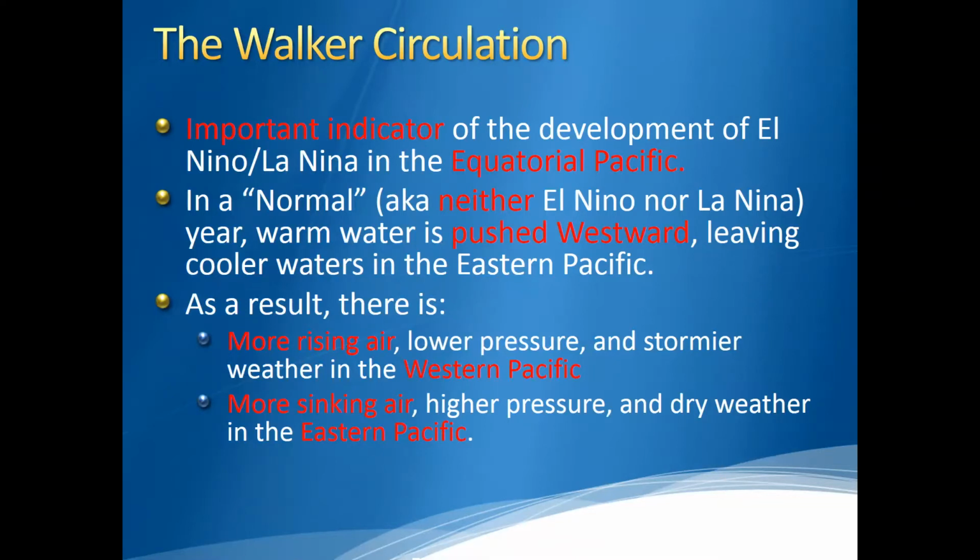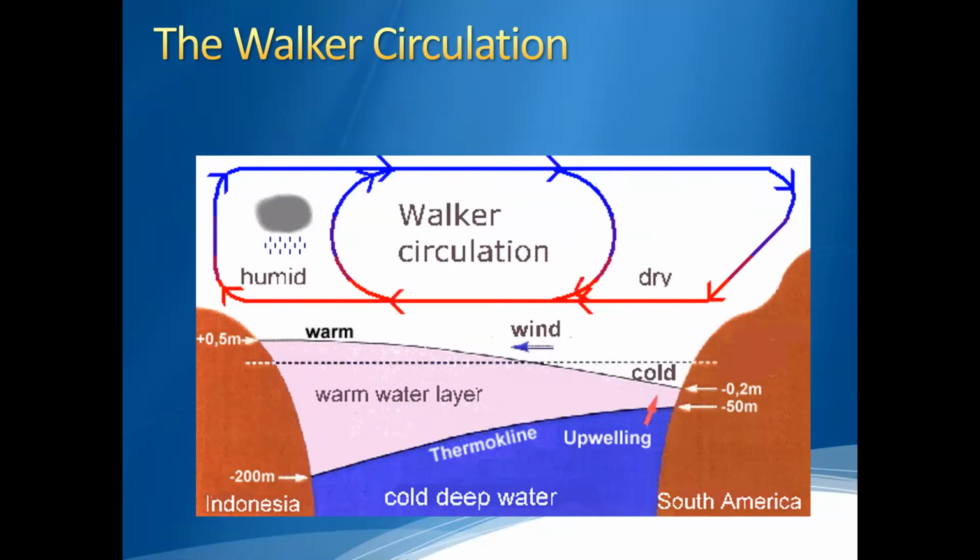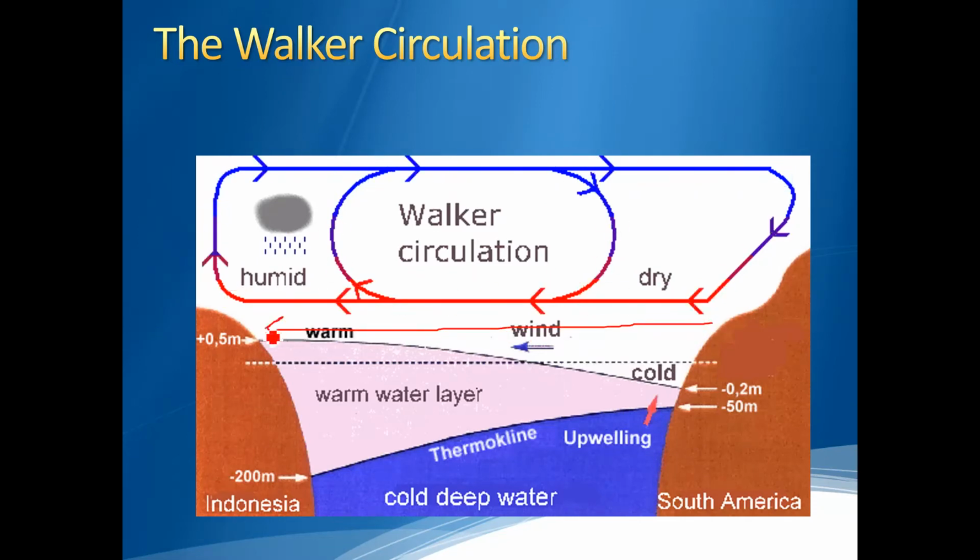On the other hand, in the Eastern Pacific, typically the waters are much cooler. Cooler water leads to cooler air, which leads to sinking air. This leads to very calm weather, very dry weather, and high pressure at the surface in the Eastern Pacific. And so the Walker circulation looks something like this. Don't mind the speed of it, but basically the trade winds blow water to the west.